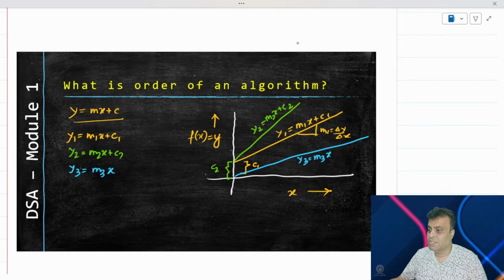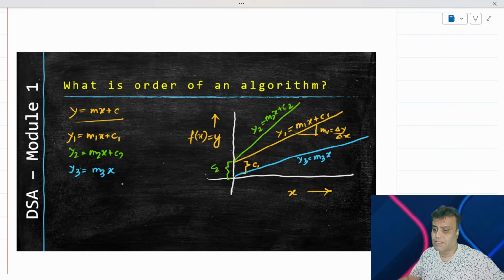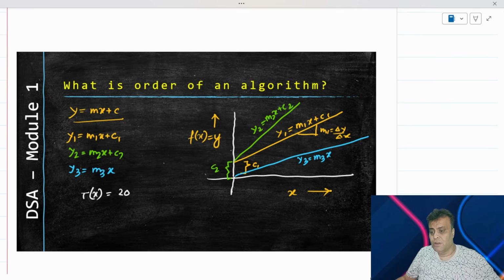Now what we need to understand is, when we talk about time complexity, we do not talk about the amount of time taken to execute a program or an algorithm. We talk about the order of time taken to execute the program. We cannot say that the time taken by my algorithm, let's say tx, is equal to 200 milliseconds.